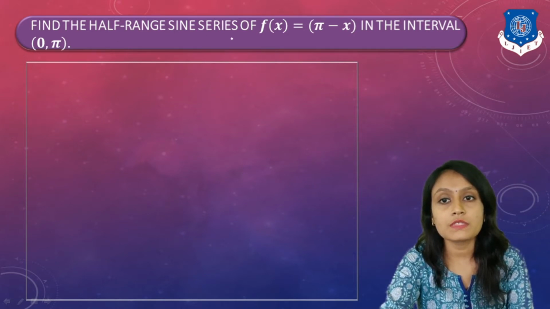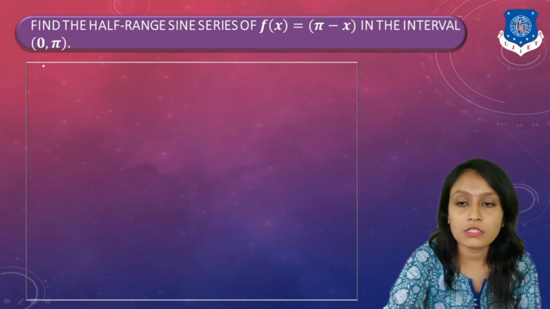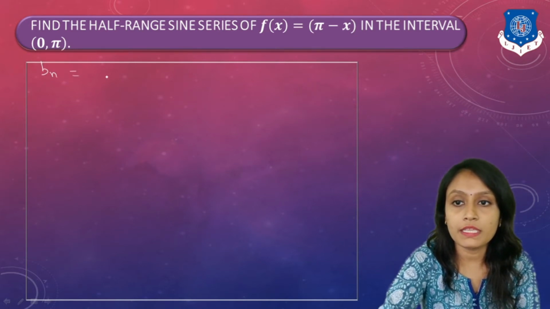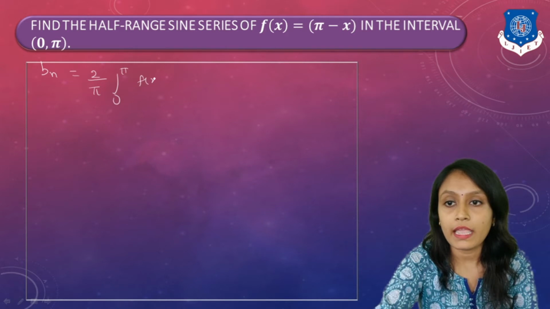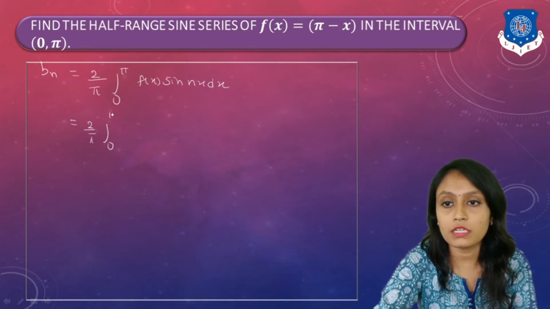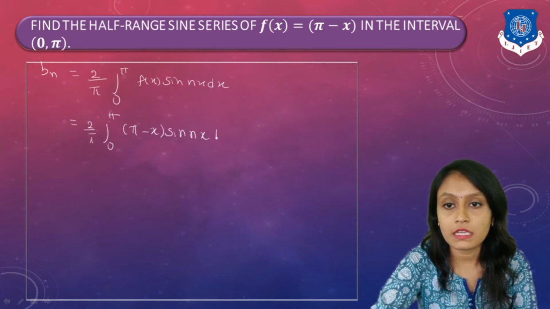Okay, so the question is we have to find the sine series, so we have to find bn. The formula for bn is 2 upon pi integration 0 to pi f(x) sin nx dx. The function f(x) given in the question is pi minus x, and sin nx dx.